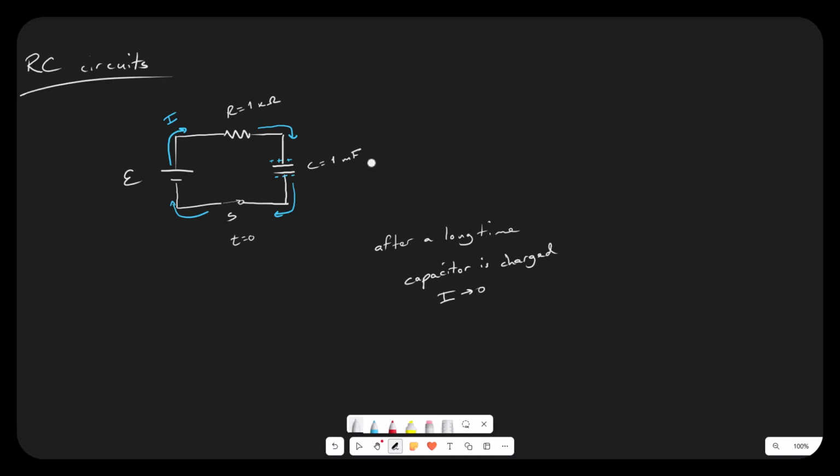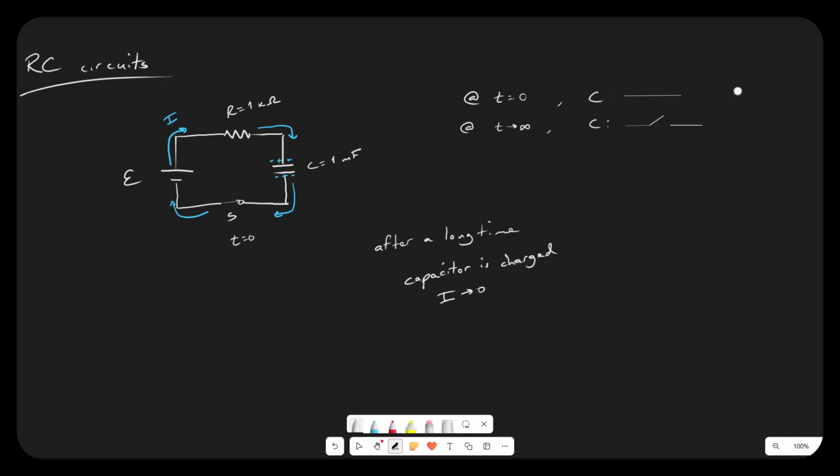I can do the short time, long time thing and say at t equals 0, the capacitor effectively acts as bare wire. After a long time, the capacitor effectively acts like a broken wire.